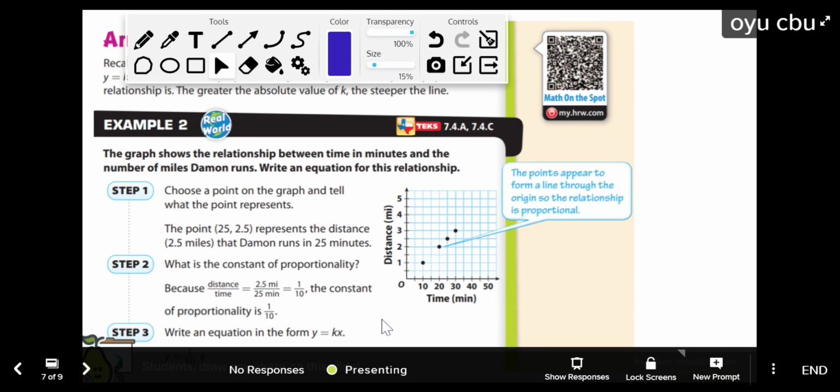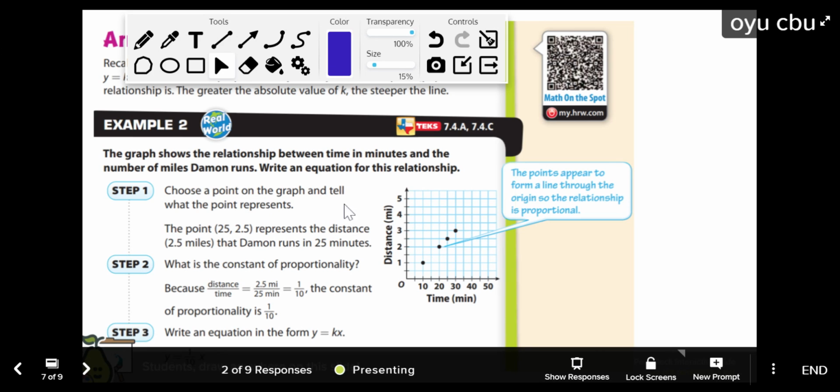Actually, we're going to stop right here. I'm going to show you how homework is going to work. Let's go ahead and finish this slideshow. So this one, they want to know the relationship between time in minutes and the number of miles Damon runs.